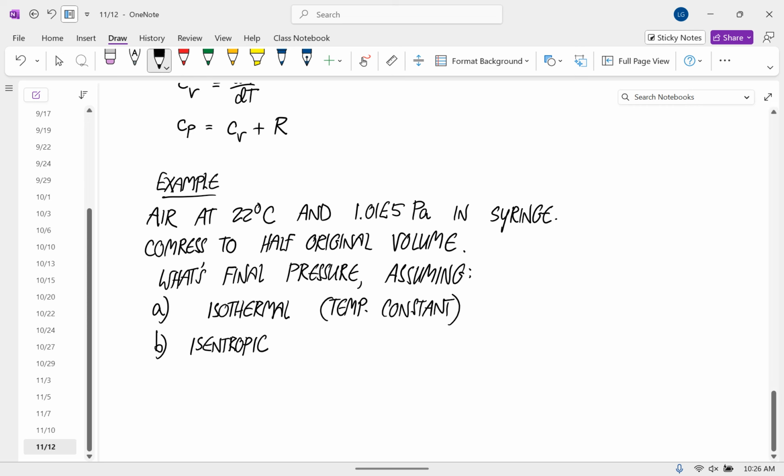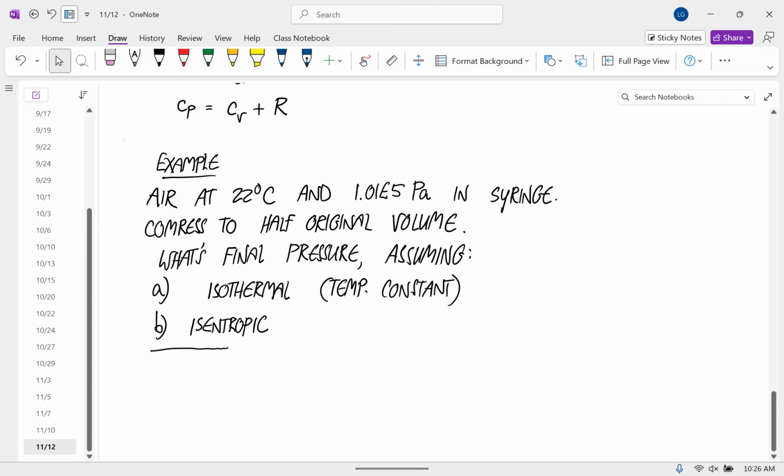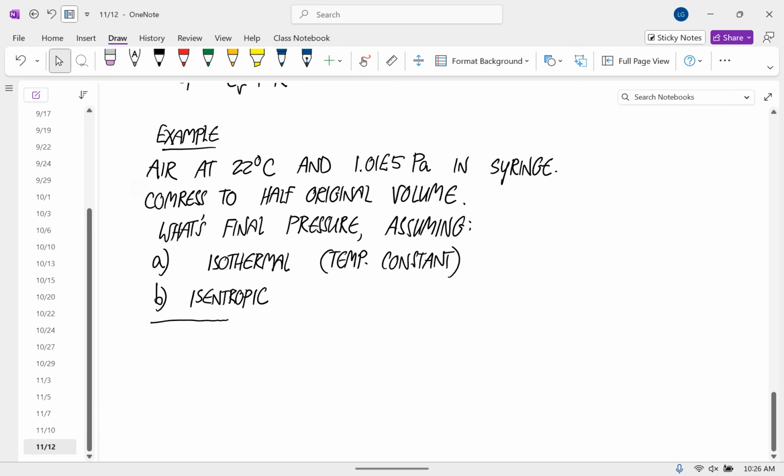so let's do it first for an isothermal case. Okay, we're assuming at instant 1, we have a temperature of 22 Celsius, so that's 295 Kelvin.